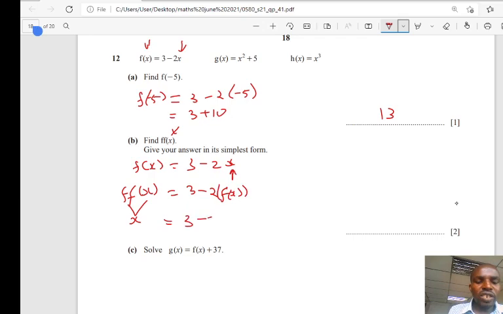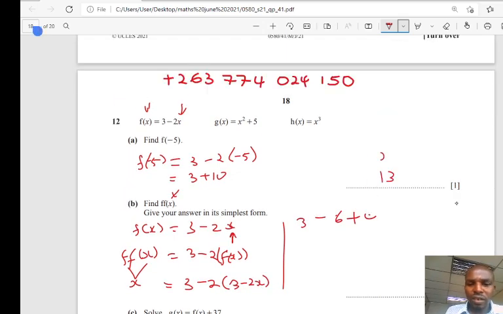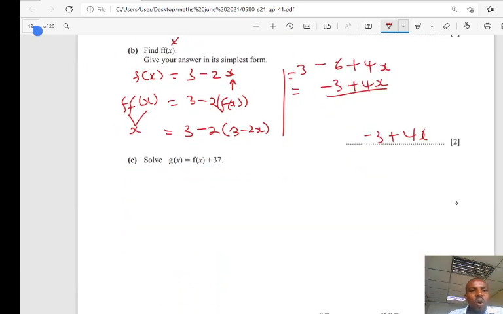It will be 3 minus 2 times, and f of x is what? 3 minus 2x. Then it will be 3 minus, remove the brackets, then plus 4x. Then it will be equal to 3 minus 6 is minus 3 plus 4x. Minus 3 plus 4x, or you can say 4x minus 3. It's still the same thing, right? 4x minus 3.